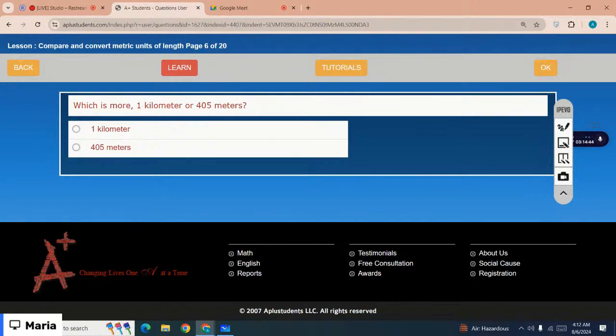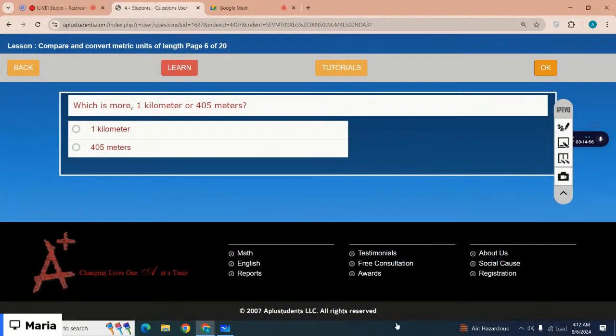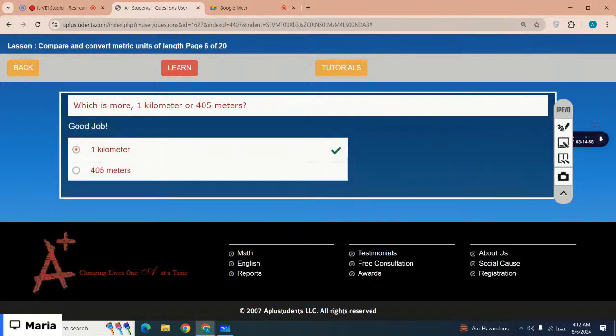The correct option is 1 kilometer is more than 405 meters, right? Because in 1 kilometer you have 1000 meters. Option number 1 is the correct option. Okay, you can complete the lesson by yourself later today. Let me just move on to the next lesson.